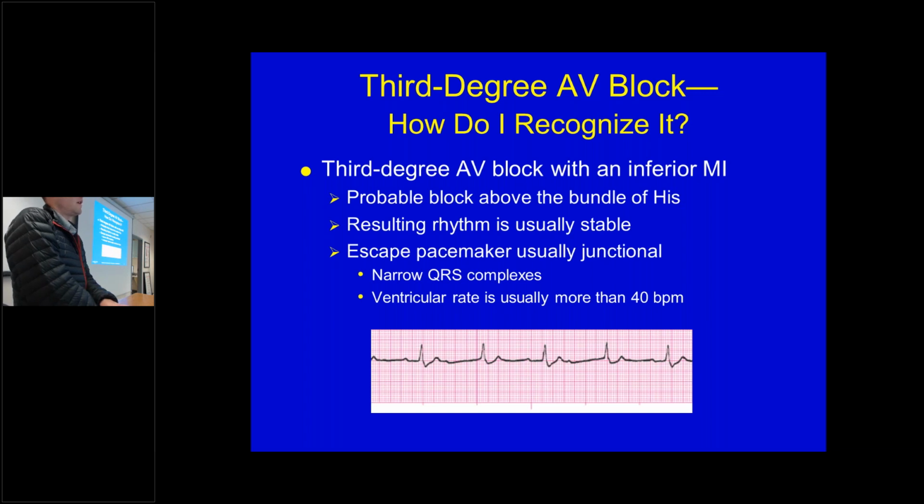I don't know which lead they're putting on them. This rhythm check doesn't tell us that there's an inferior MI. They're just saying this person has an inferior MI. Yeah, exactly. This is a rhythm strip, but you wouldn't know that they have an inferior MI by looking at that rhythm strip.